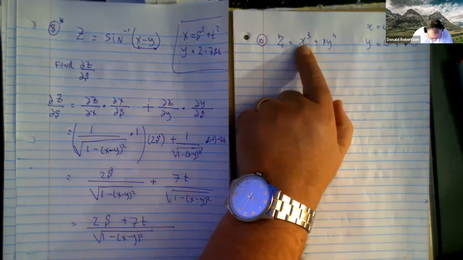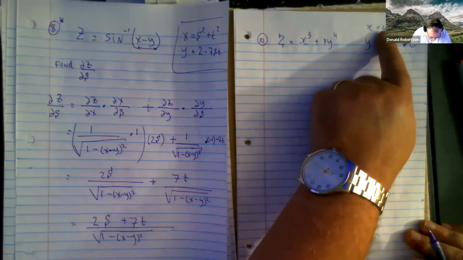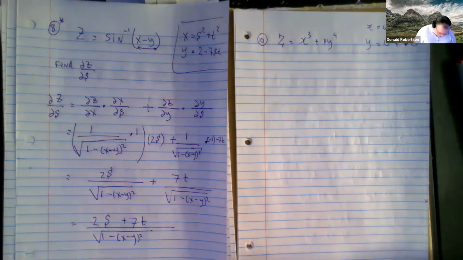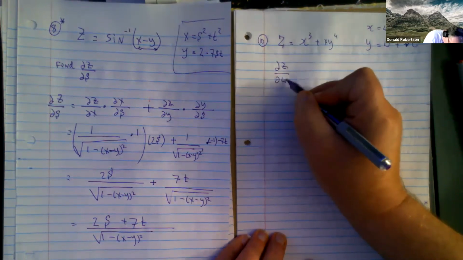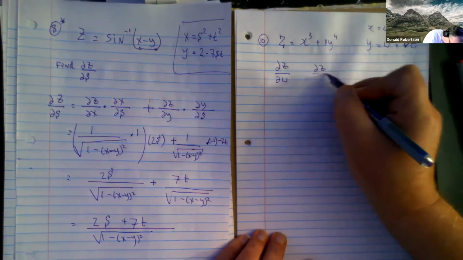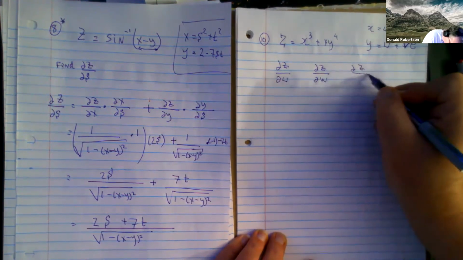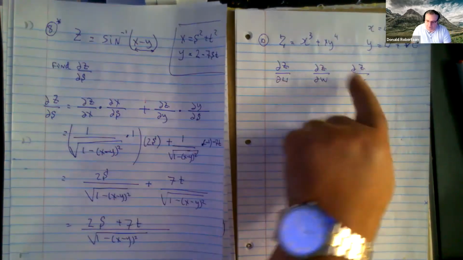So z is a function of x and y, and x and y are functions of u, v, and w. They actually ask you for 3 questions, but we're only going to do one of them. They ask you for this one, the second one, and, oh, I forgot the v there, right? u, v, and w.